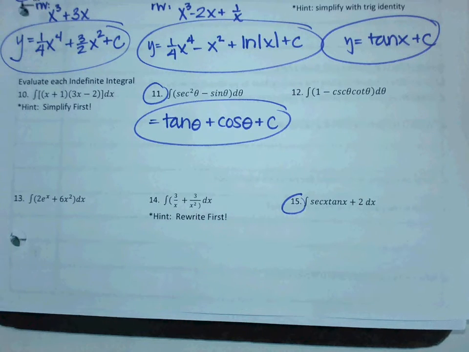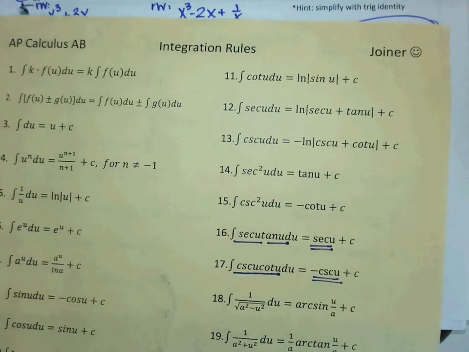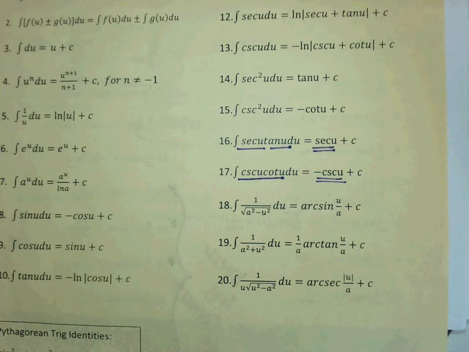Okay? Alright, 15. What are you going to be looking for? Secant x tan x. Here goes the yellow sheet. Where's secant x tan x? Okay, integral of secant tan, what is it? Secant x. Now look guys, just real quick, these are the chain rule versions.